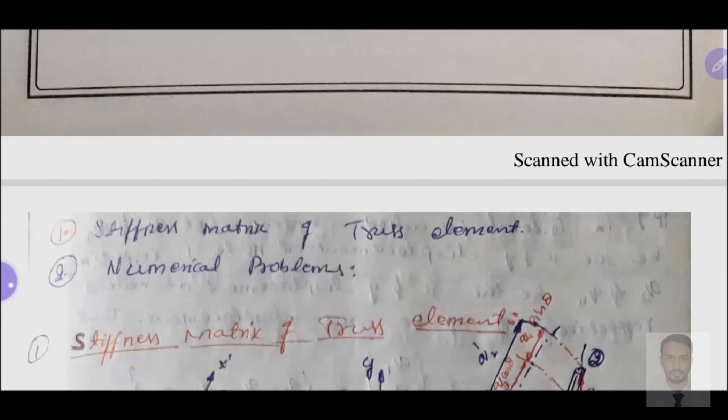So the element which has a relative displacement due to the application of a load at any node in an interlinked bar element is said to be a truss element.